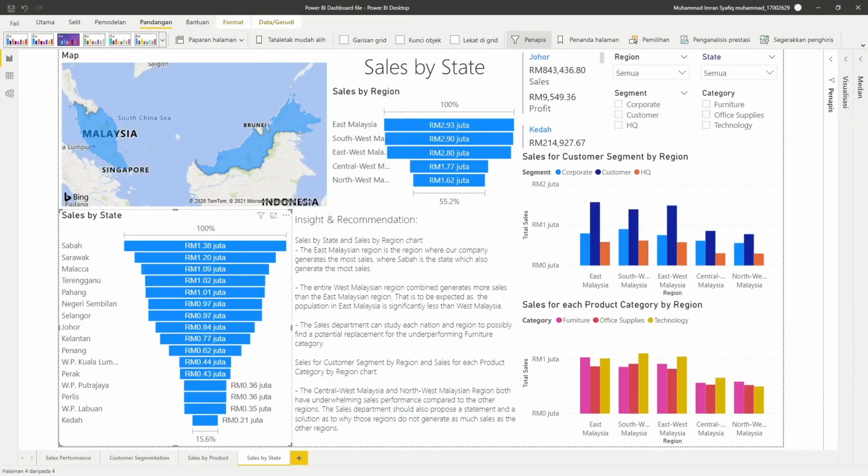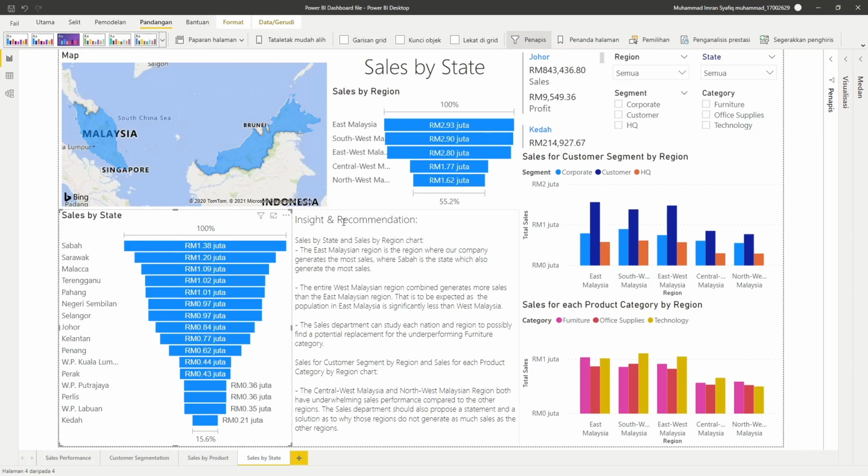The last dashboard, which is the sales by state dashboard, visualizes our sales by the regions and states in Malaysia. Looking at the sales by state and sales by region chart visualized using the waterfall chart, the East Malaysian region is the region where our company generates the most sales, where Sabah is the state which also generates the most sales in the East Malaysian region.